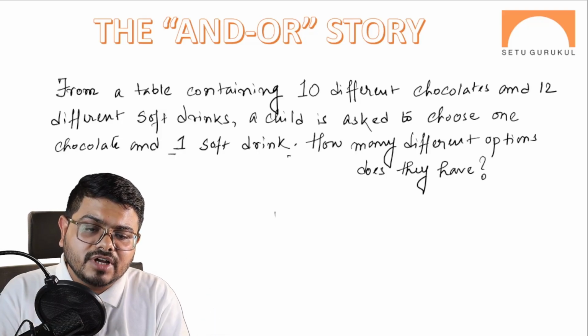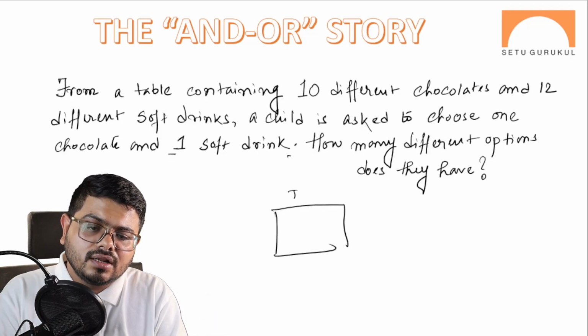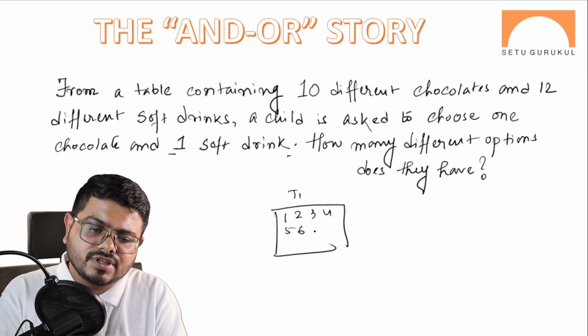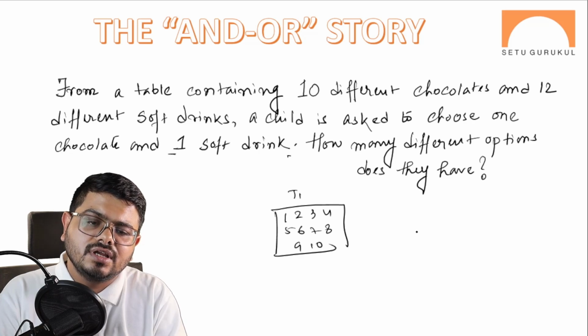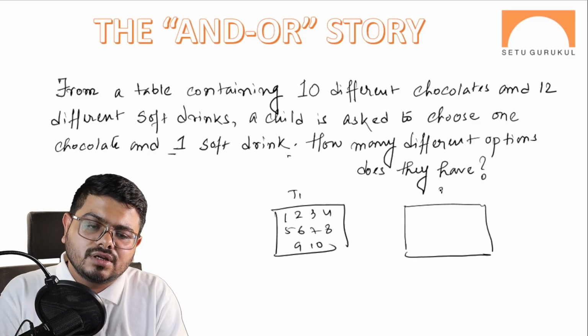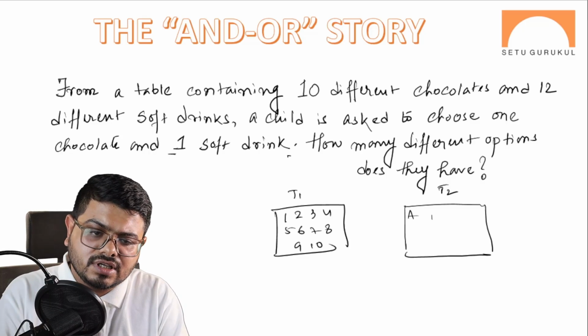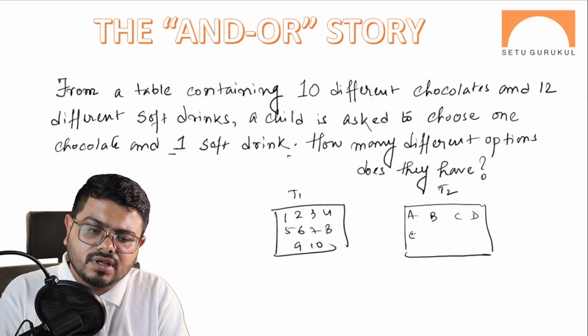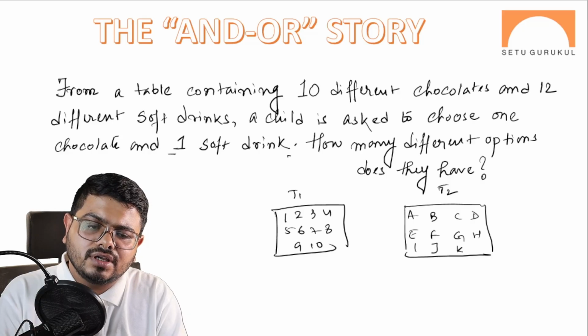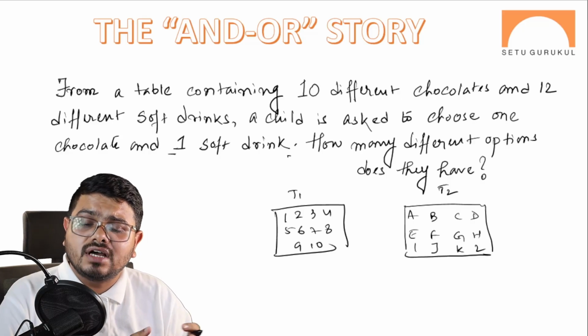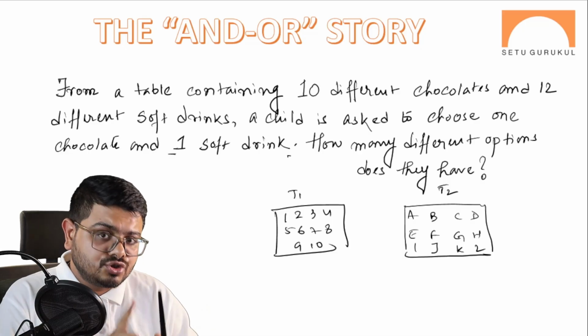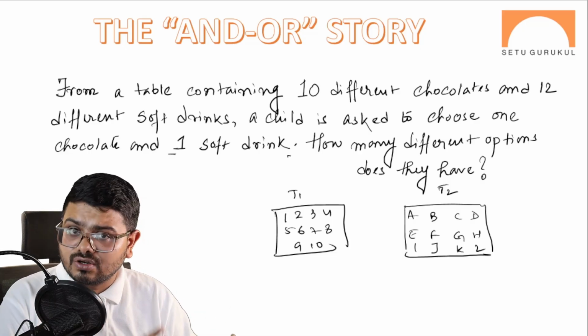So imagine this is the table one that has 10 chocolates: 1, 2, 3, 4, 5, 6, 7, 8, 9, 10. And imagine this is the table 2, which has 12 different varieties of soft drinks. So let's say that's A, B, C, D, E, F, G, H, I, J, K, L. The child is asked to choose a chocolate and a soft drink.